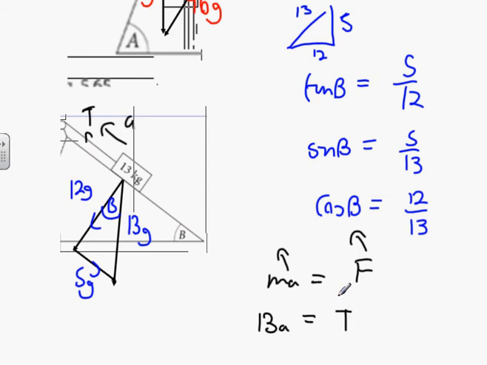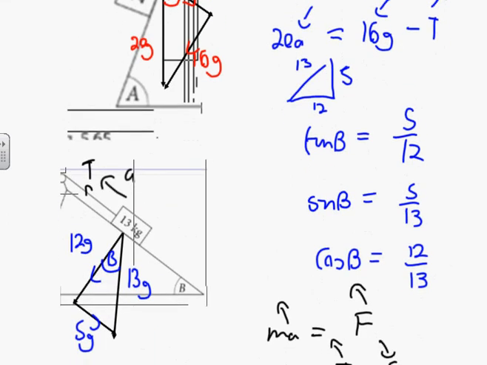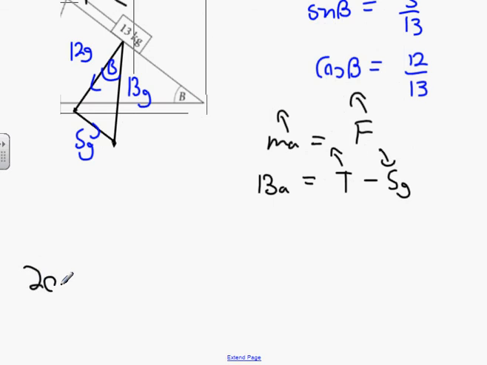So T going that direction minus your 5G going in this direction here. You got your second equation made quite easily. So 20A equals 16G minus T. And the other one is 13A equals T minus 5G.